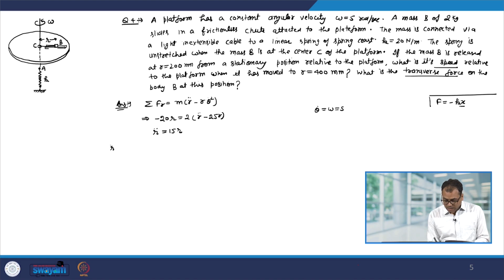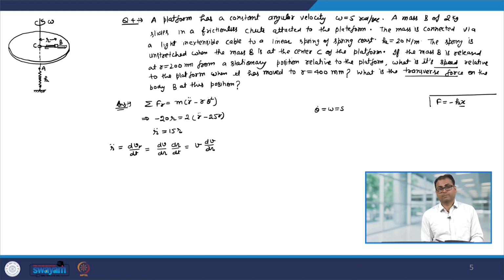Now, this r double dot is acceleration. So, it is dVr by dt, rate of change of velocity, and this again I can write down as dV by dr times dr by dt, which I can rewrite as V dV by dr. Therefore, from this equation we have V dV by dr, and everything is about the radial component, equal to 15 r from equation number 1.